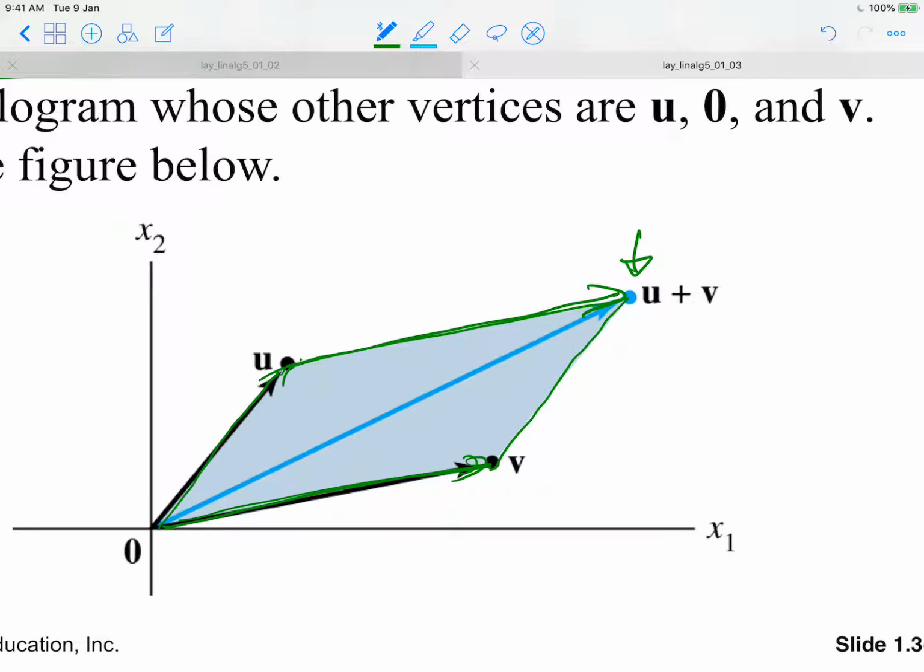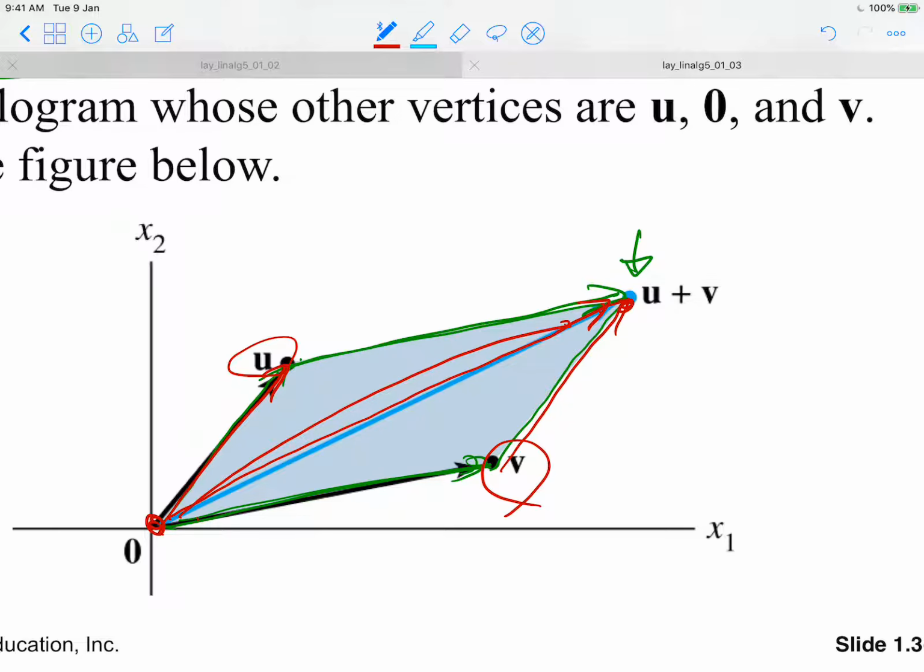So also these two lines will have the same length and the same direction. And so we drew this parallelogram, and then we can think of this diagonally opposite point from the origin. So this vector is the sum of this u and v.